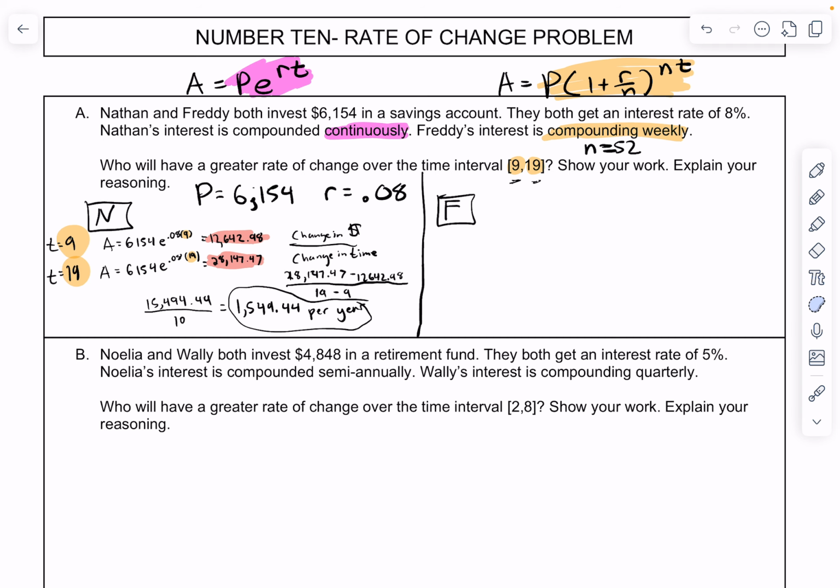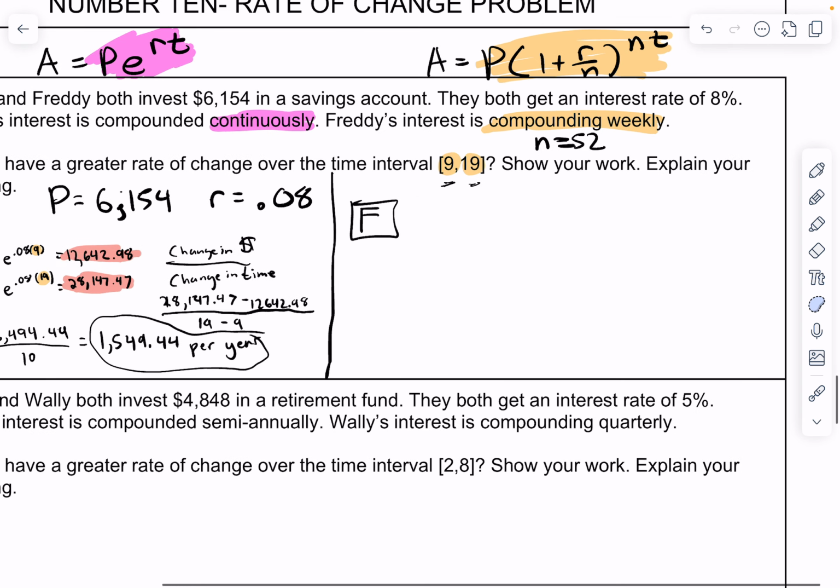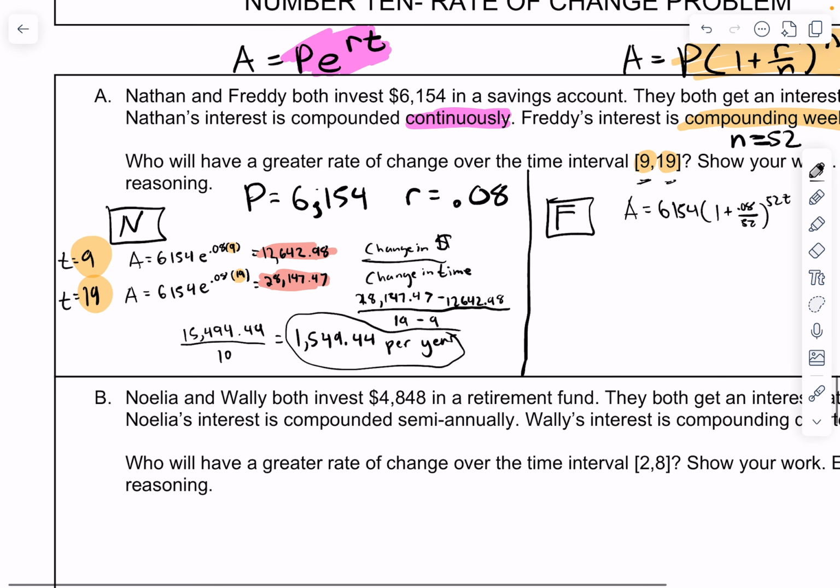All right, so let's work this one. Same principle, same rate. I'm going to write the formula out. I might write the model. For me, it helps to see the model because it's just a lot of numbers. And I'm going to do the same thing I did over here. Right here, I plugged in 9 and I plugged in 19 for t.